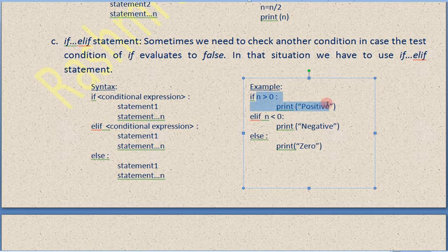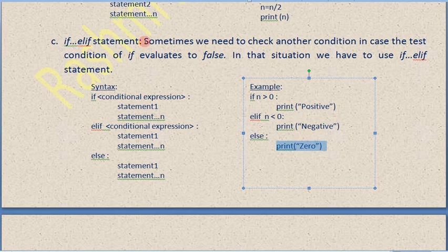If the first condition is satisfied, then the program is over and it won't come to this part. If the first condition is not evaluating true, then it will come to the second statement, which we need to write with the elif keyword: elif n less than 0. If this is satisfied, then it will execute negative. Otherwise, this is the otherwise of both of these, so it is printing 0.